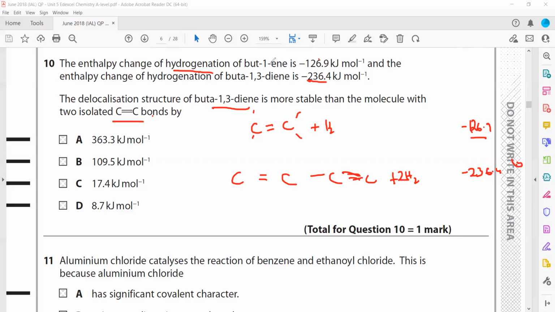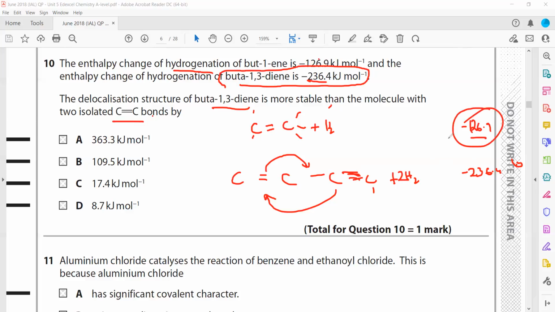A molecule having delocalized electrons means the bonds are not fixed, they're continuously vibrating. This double bond can be in the next position, and the other double bond can shift too.